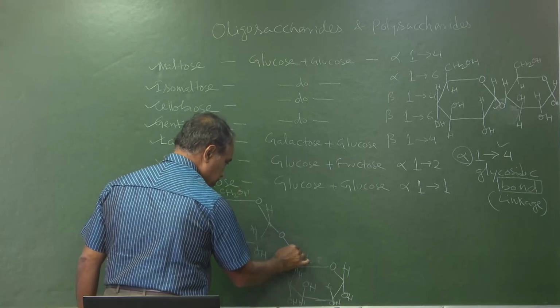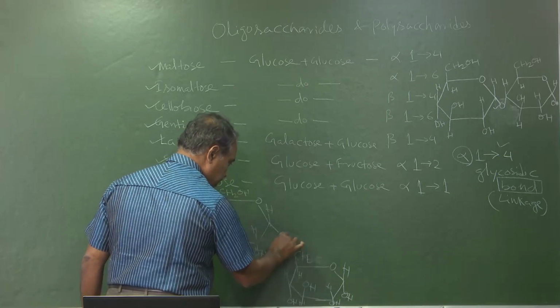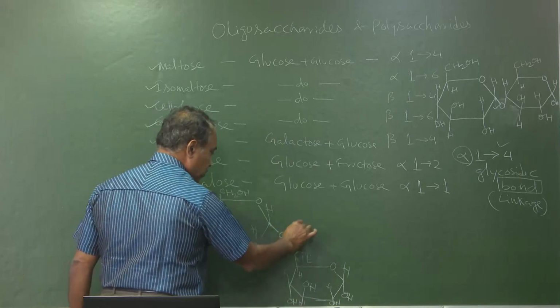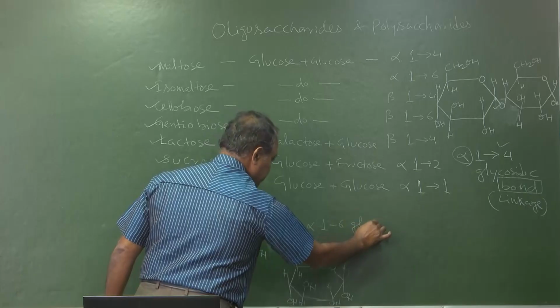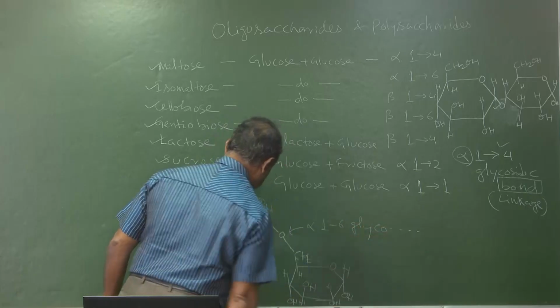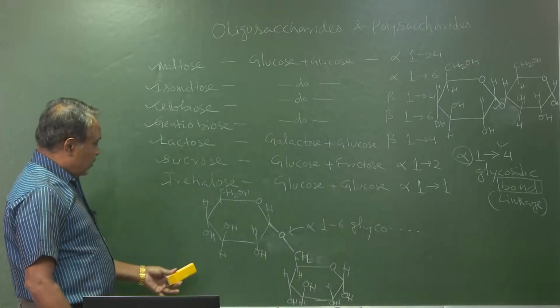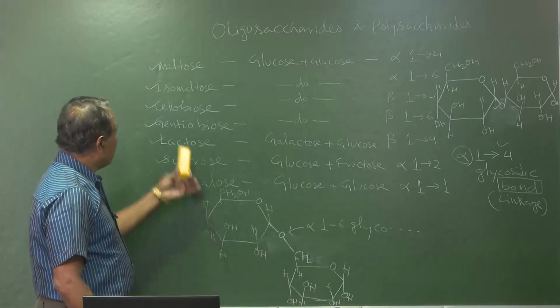This is the CH2, and this is your alpha 1,6 glycosidic bond.